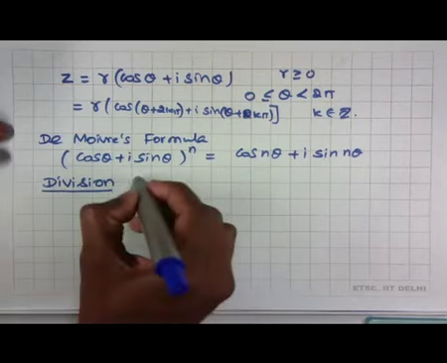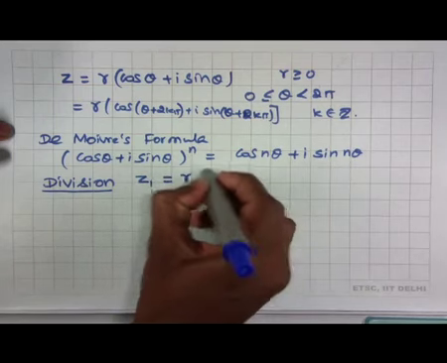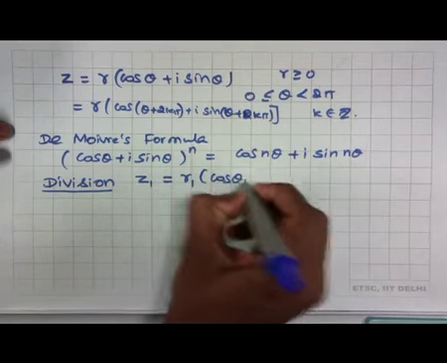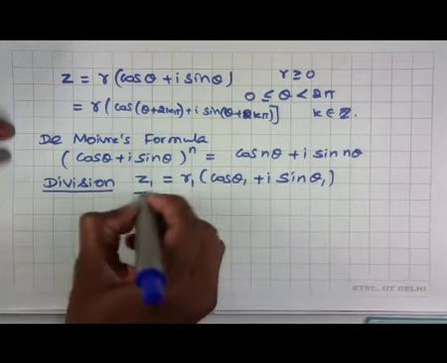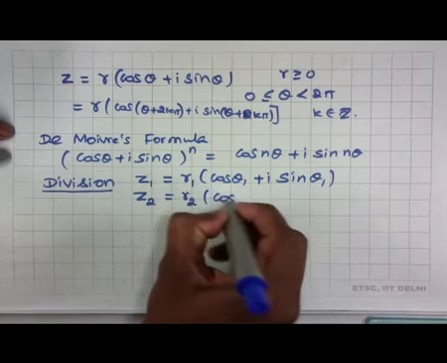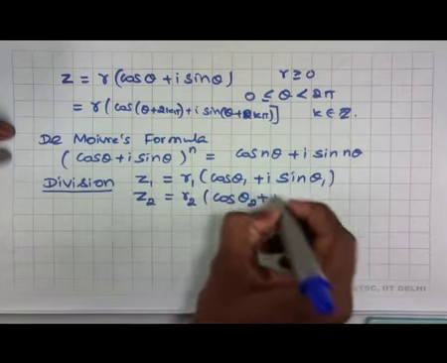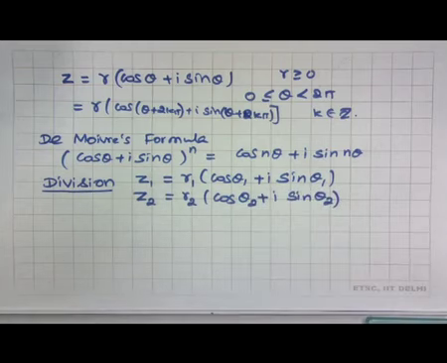Suppose we have two complex numbers, z1 in the polar representation r1 (cos theta 1 + i sin theta 1), and z2 is r2 (cos theta 2 + i sin theta 2).